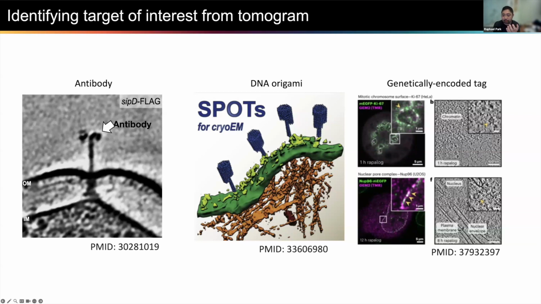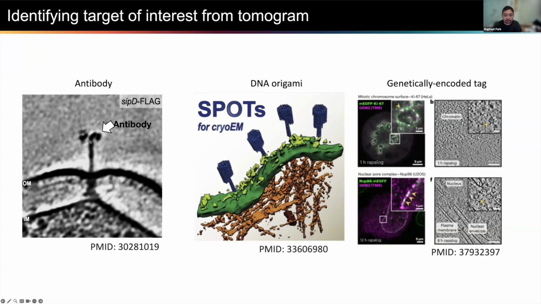A lot of labs have been developing new tools, or using what's known, to identify a small target in TEM images. In the first case, an antibody, particularly IgG, is actually big enough to be identified in cryo-ET images.